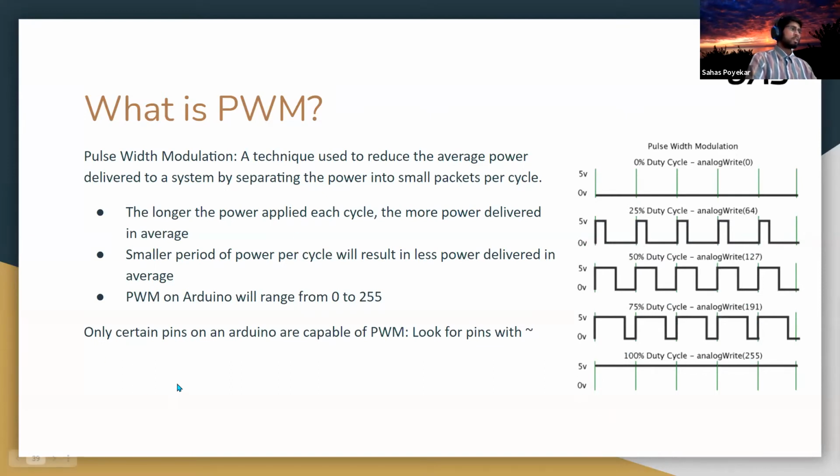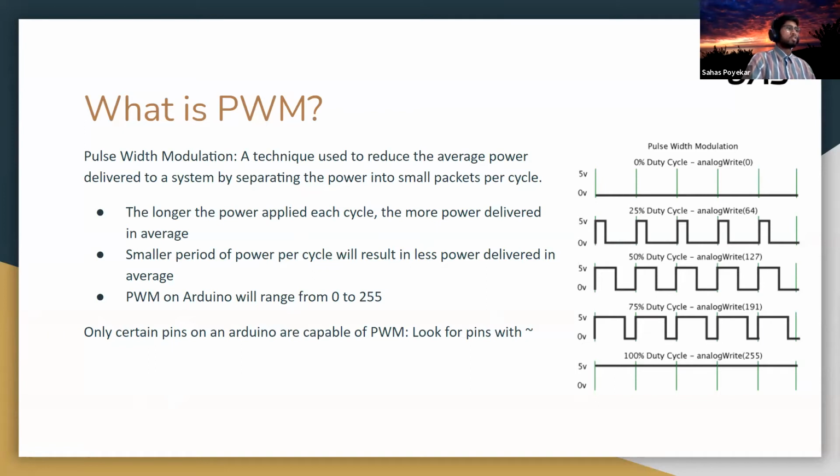So, a recap: the longer the power is applied in a cycle, the more power is delivered on average, which means in the case of an LED, the brighter it will be, or for a motor, the faster it would spin.